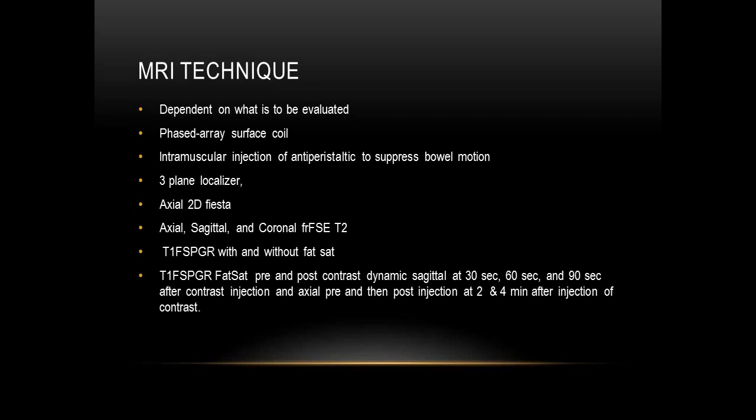We do axial, sagittal, and coronal FR-FSE T2. Then we'll do T1 FSPGR with and without fat sat to look for any lesion containing fat. Then we'll do a T1 FSPGR fat sat, our LAVA sequence, pre and post contrast.